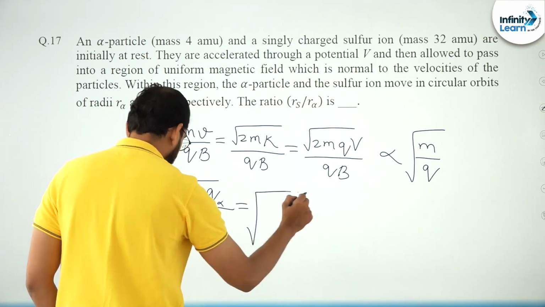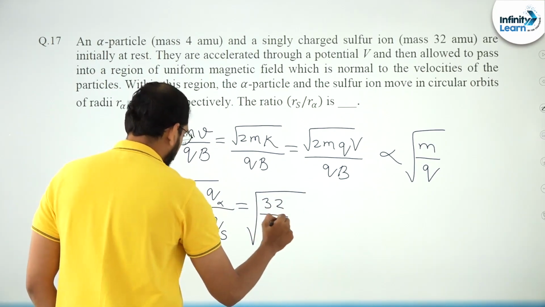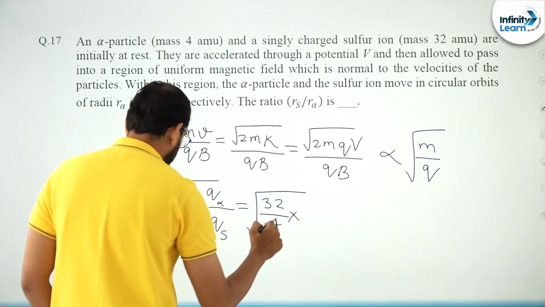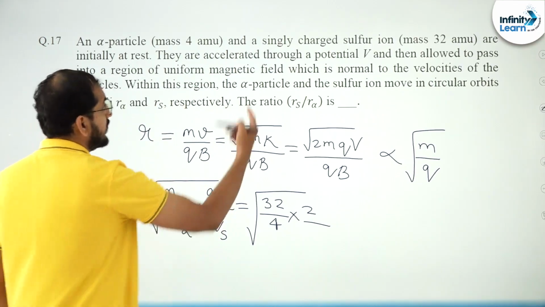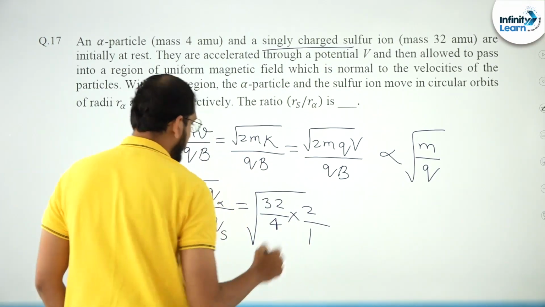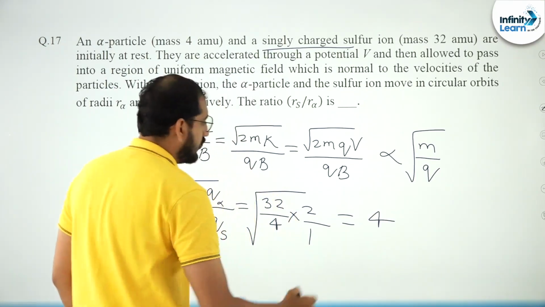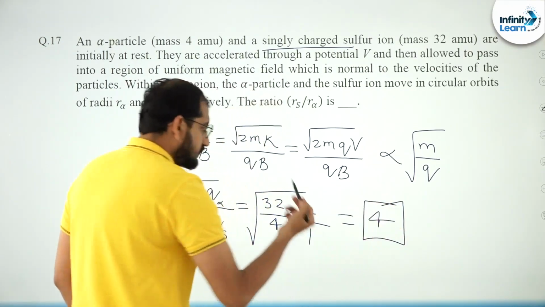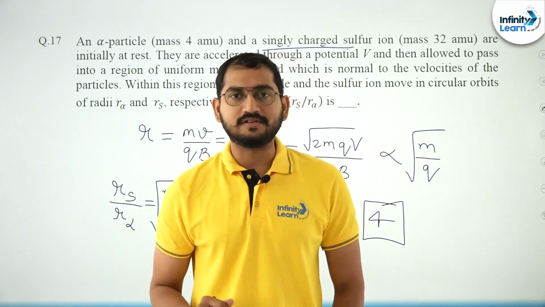After plugging in all the values, the mass of the sulfur ion, given as 32, the mass of alpha is 4, the charge on the alpha particle is +2, and the charge on sulfur, already given as singly charged, we take as 1. After solving we get our answer as 4. So this is an exact integer type of question. So 4 will be my correct answer.